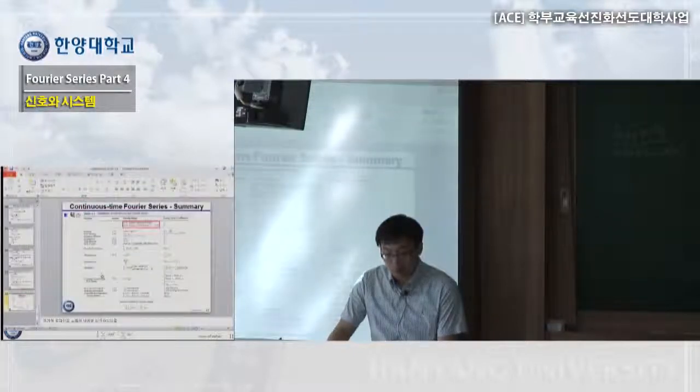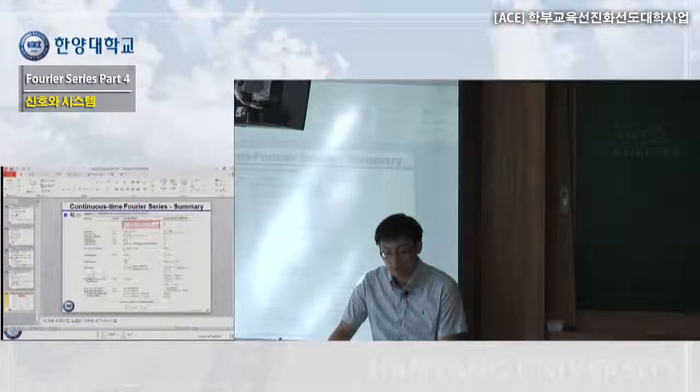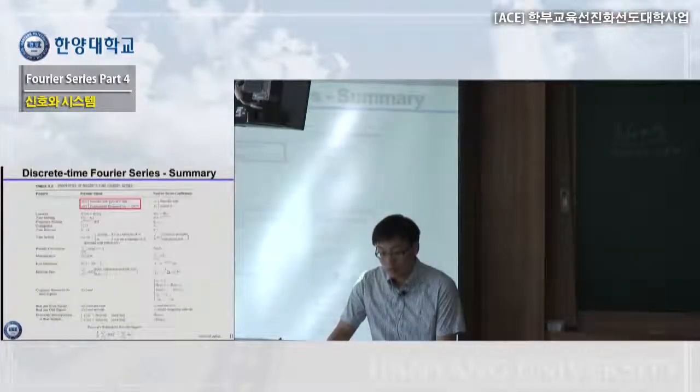Difference, corresponding to differentiation, and running sum, corresponding to integration in continuous time, go to a form of j k omega 0 a_k, or 1 divided by j k omega 0. Here the second term is the time shifted version of the first one, and running sum becomes 1 divided by this one.